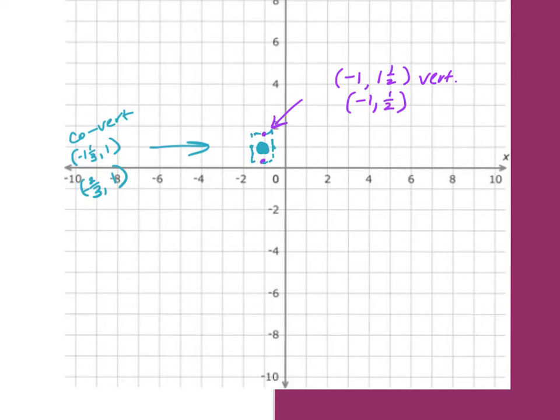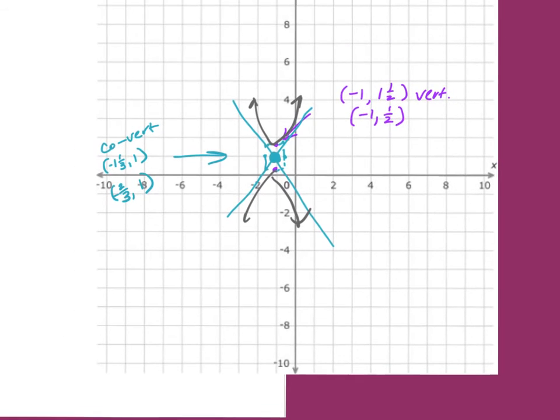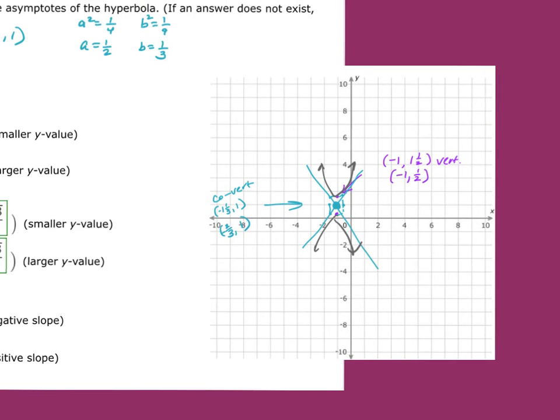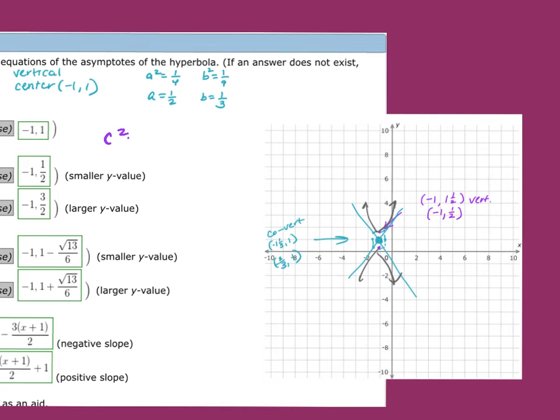And then your asymptotes cross through these, and since it's vertical, it goes up like this and down like that. And then you had to find c, so c squared equals a squared plus b squared, so 1/2 squared plus 1/3 squared, which is 1/4 plus 1/9. You have to change to a like denominator, so this becomes 4/36 and this becomes 9/36, or 13/36.